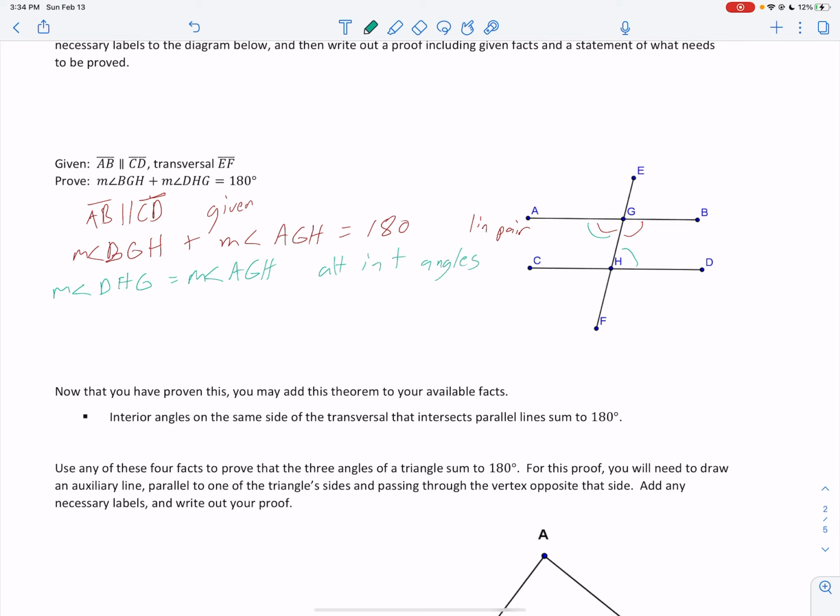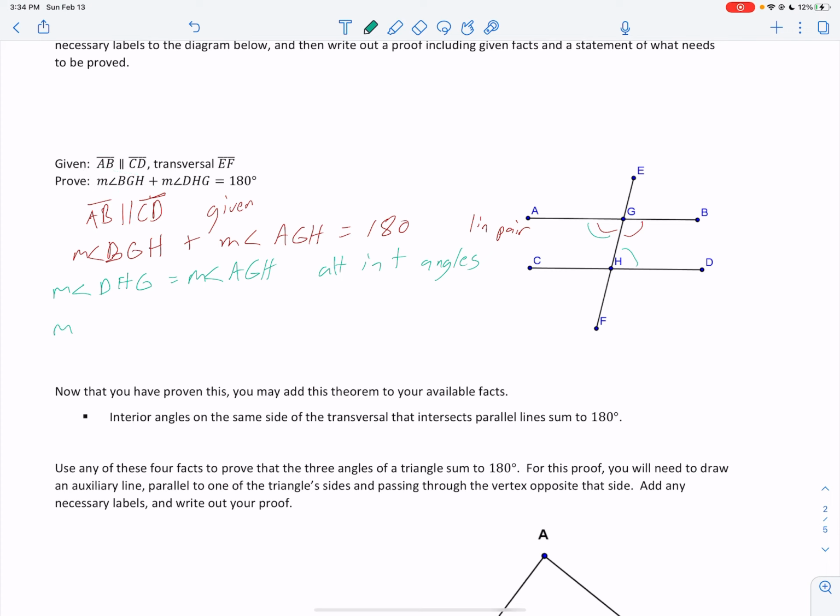So that's given us a relationship between both of those that add up to be 180 degrees and this part of it. Because we want to prove that this is equal to that. So if we've done that, we can just use substitution. Notice I'm looking to prove BGH, which is this.